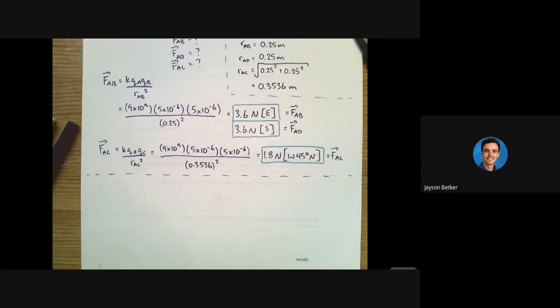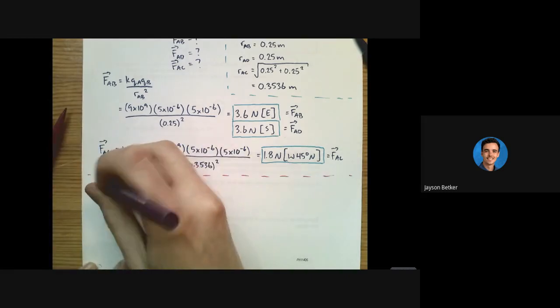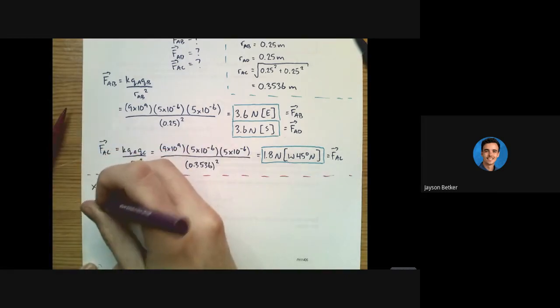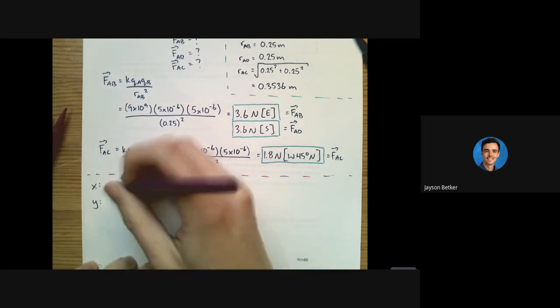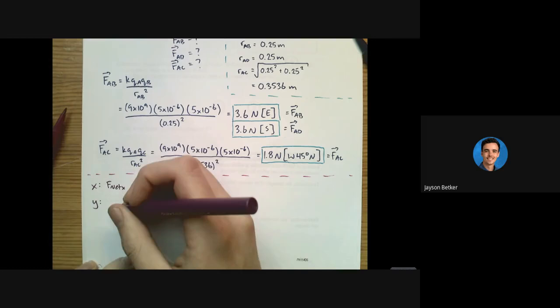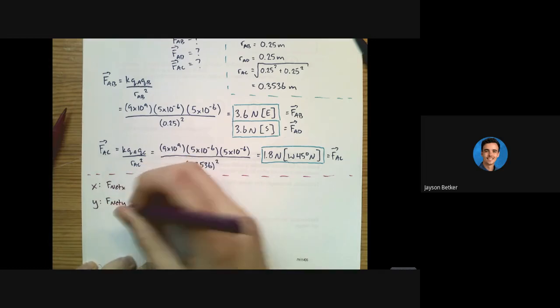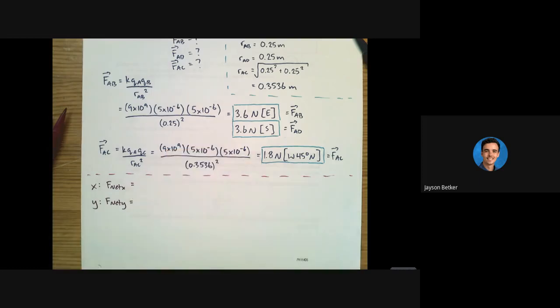So we're going to try to find F net X and F net Y. I'm going to leave these as scalars because I'm going to use positive and negative values in there.